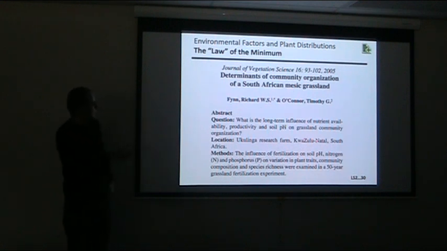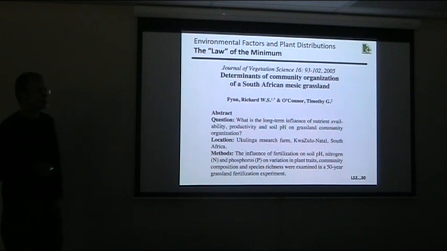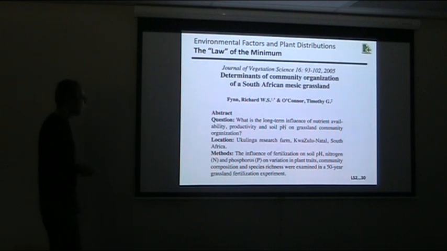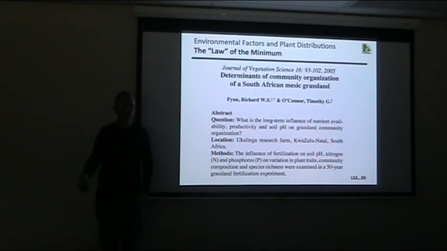UKZN has a research farm where they've been doing this, and in the methods they fertilized the soil. The influence of fertilization on soil pH, nitrogen, phosphorus, and the variation of plant traits, community composition, and species richness were examined in a 50-year grassland fertilization experiment.